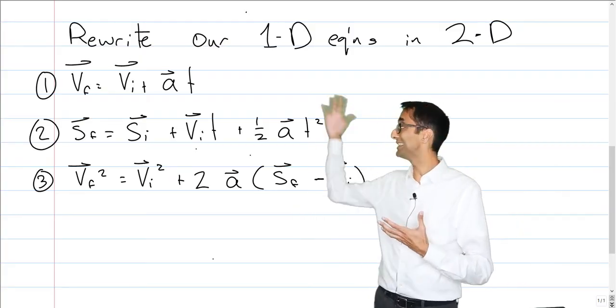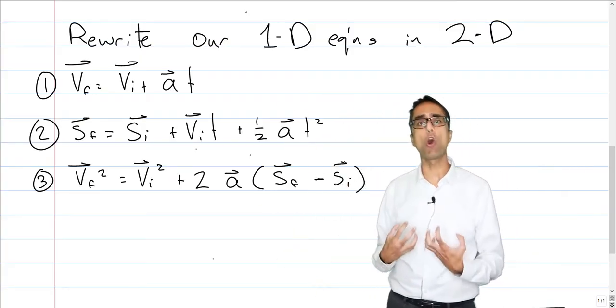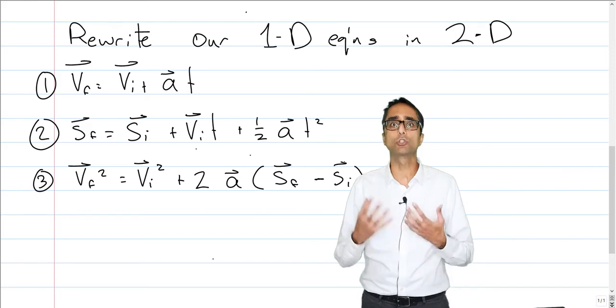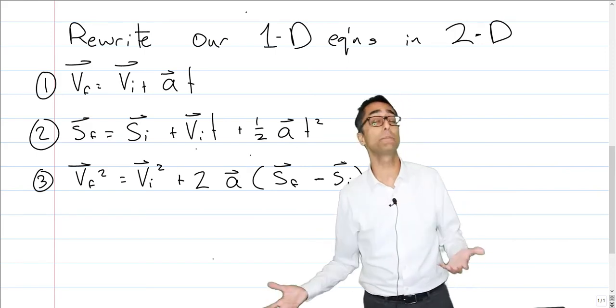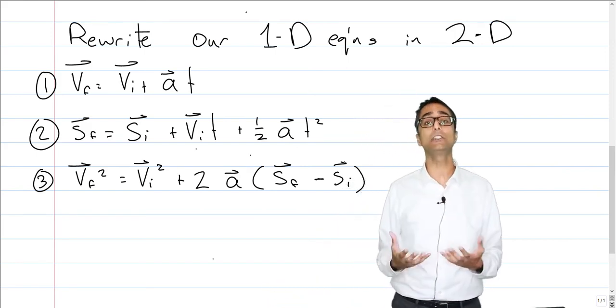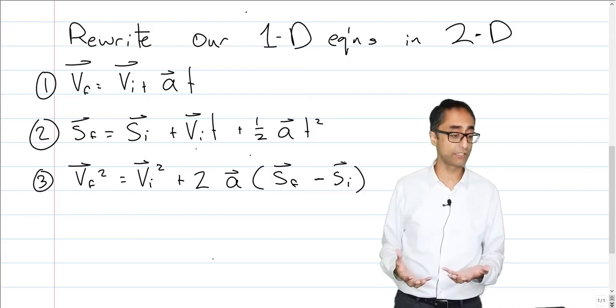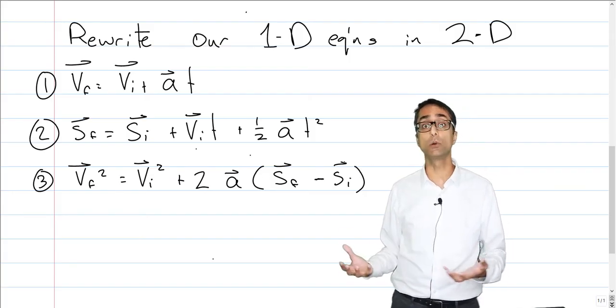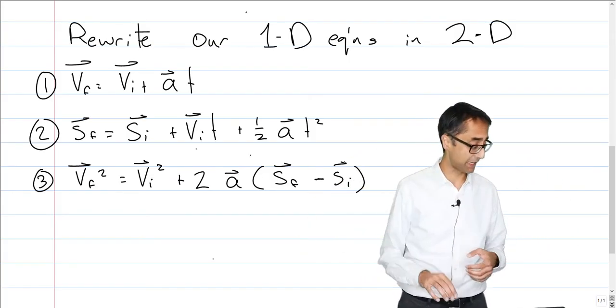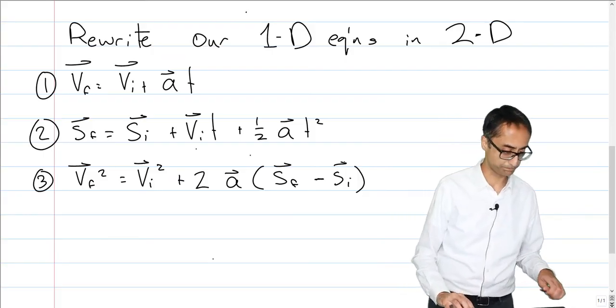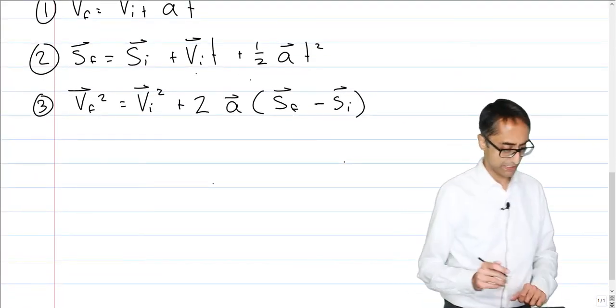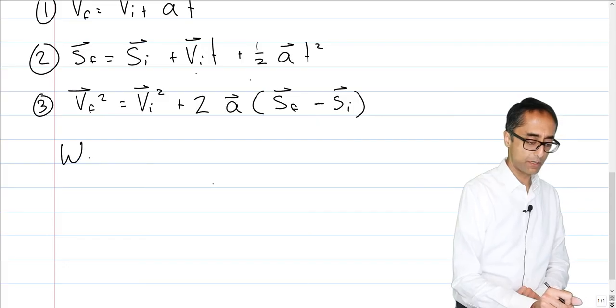You can't use these equations to solve two-dimensional quantities. You have to break them down into components and then use our one-dimensional equations to solve your unknowns. And sometimes you have to put things back together or recompose them.